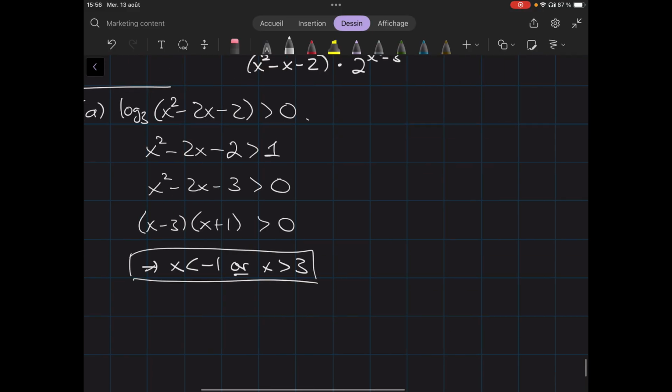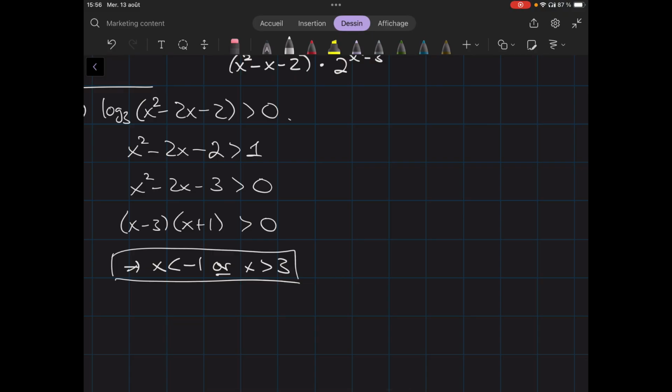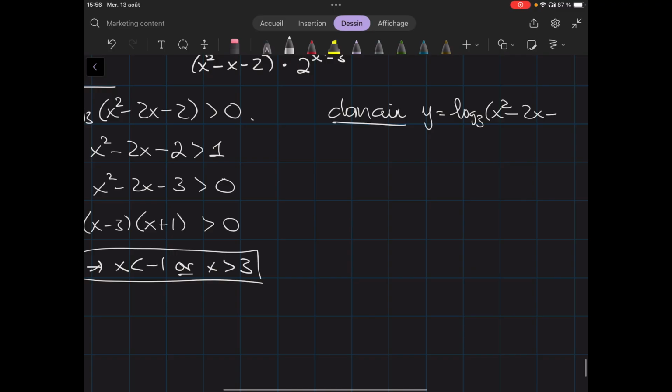However, you also have to pay very close attention to the domain of the function y equals log base 3 of x squared minus 2x minus 2. This guy is undefined when this part over here is not positive.